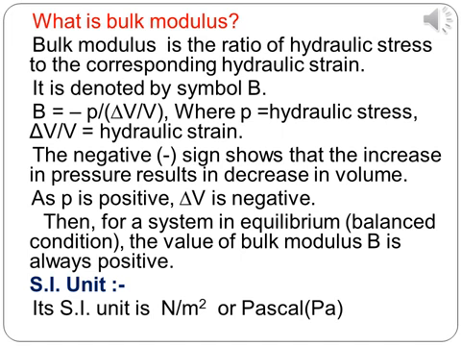The negative sign indicates that an increase in pressure results in a decrease in volume. As P is positive, delta V should be negative.